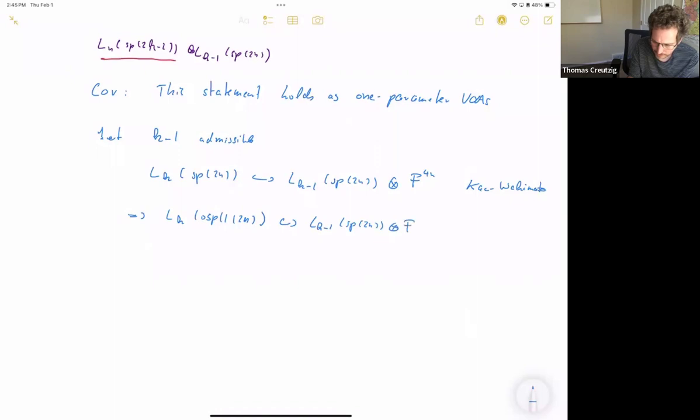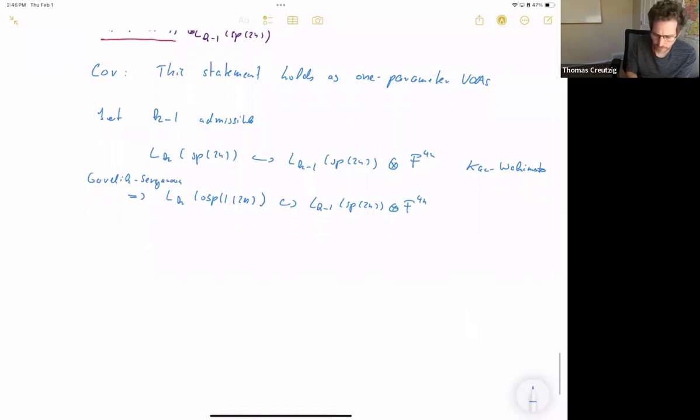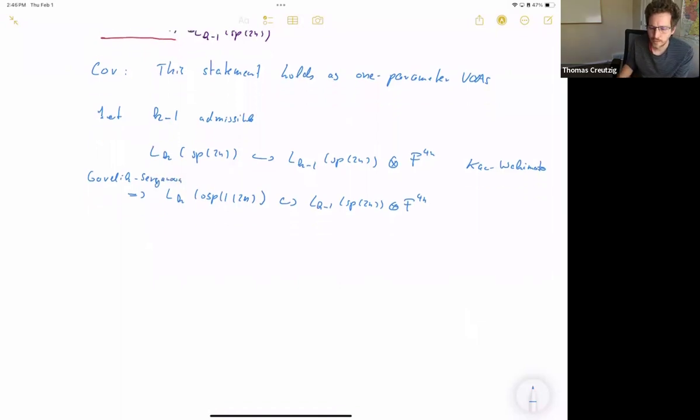This was a statement I have been struggling quite a bit with, and then luckily I found a paper, also fairly recent, maybe 3 years old, by Gorelik and Serganova, that implies the statement. So the statement follows immediately by their work, which is really nice.